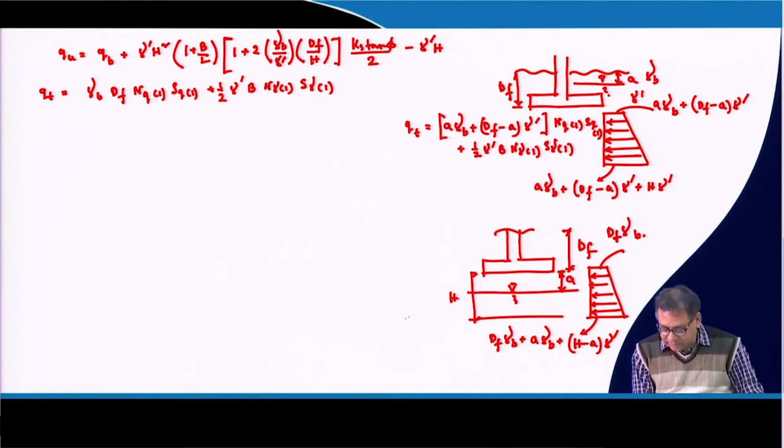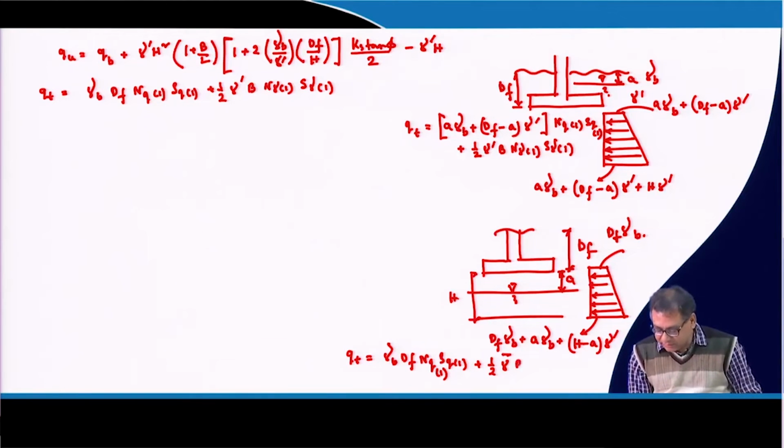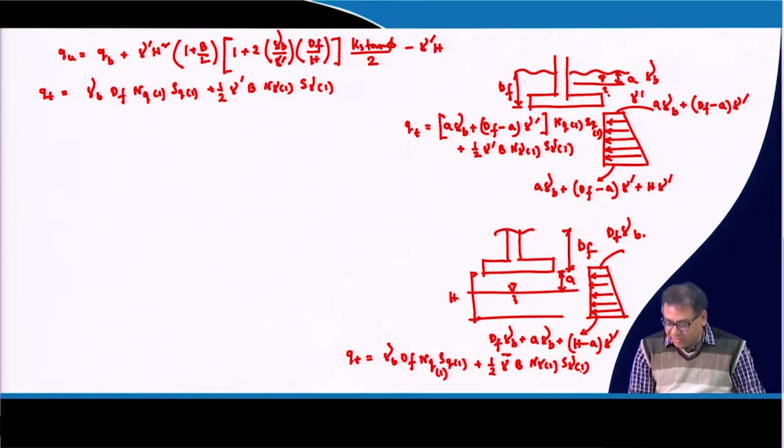In this case, qt will be, the soil above the base of the foundation is gamma bulk, then this is df, then Nq1, Sq1, then plus half, this one you consider gamma dash, because I am calculating gamma dash, then B N gamma 1 and S gamma 1. Because how you calculate the gamma dash?